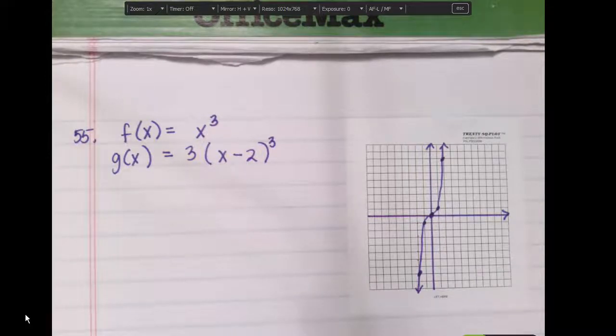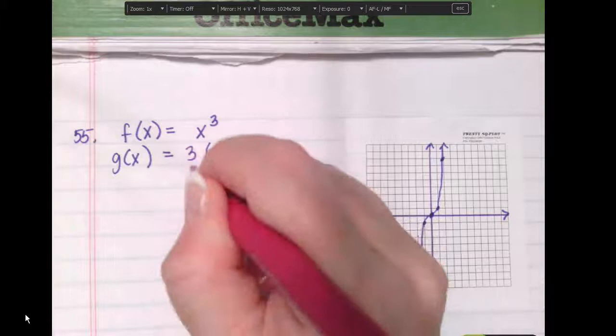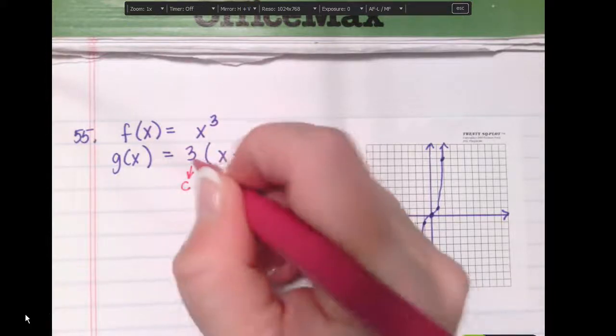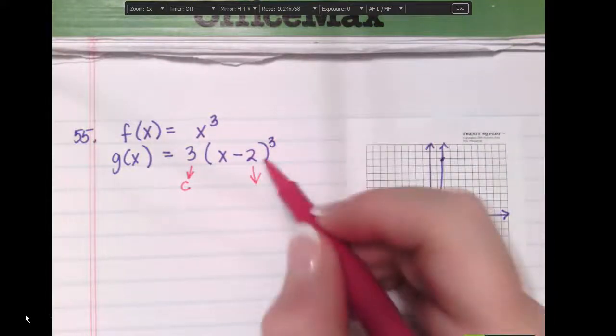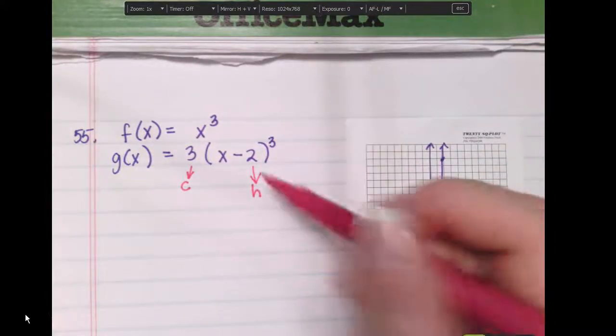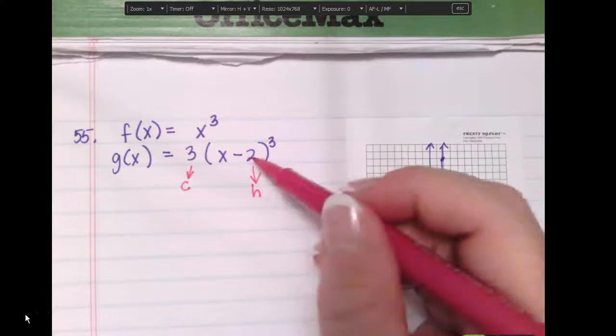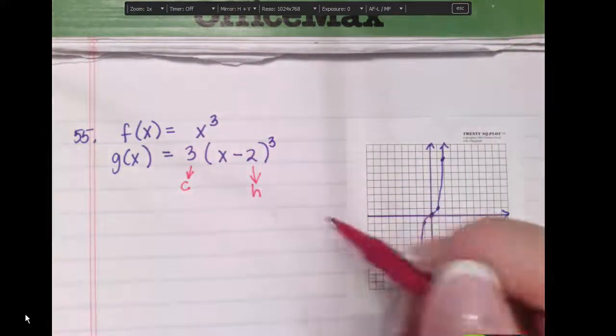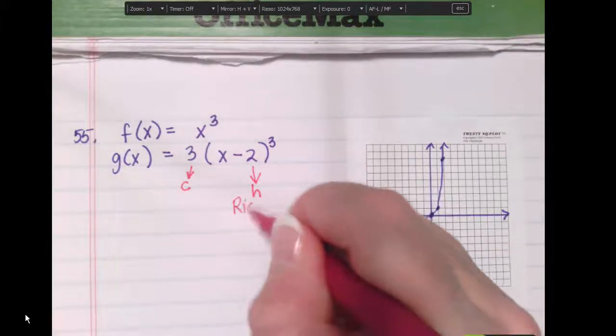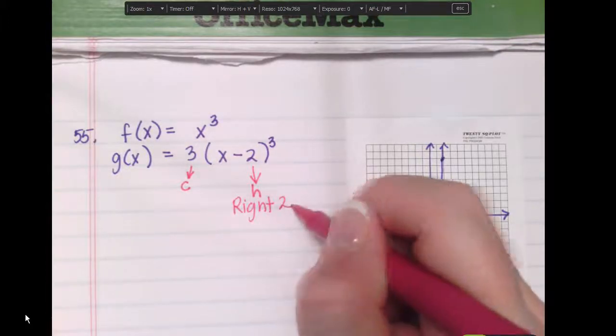Okay, so what is going to be happening in my transformed function? It looks like I've got some sort of a stretch or a compress, and it's outside the parentheses, and then here I've got an h value that's inside the parentheses. So let me start with that one, a minus 2. We know the minus, we are going to go to the right 2.